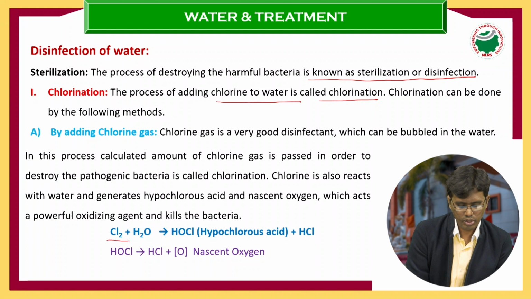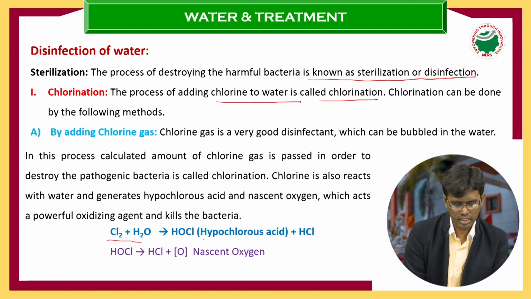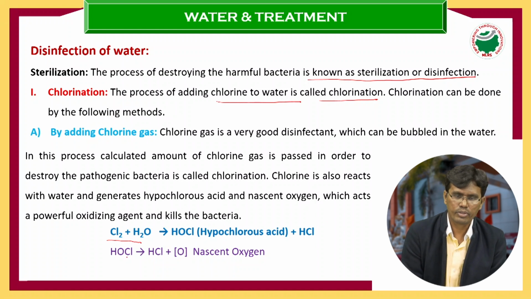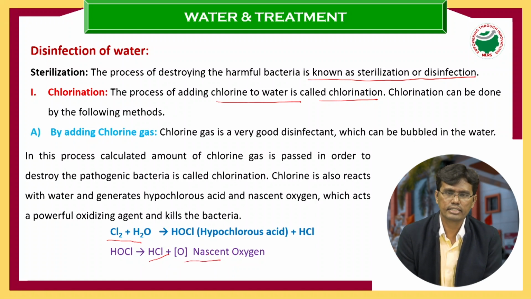When chlorine is passed into water, it reacts and forms HOCl, hypochlorous acid, and HCl. Hypochlorous acid plays a significant role. It is divided into HCl and nascent oxygen. Nascent oxygen plays a significant role in killing the bacteria. It is a good oxidizing agent.